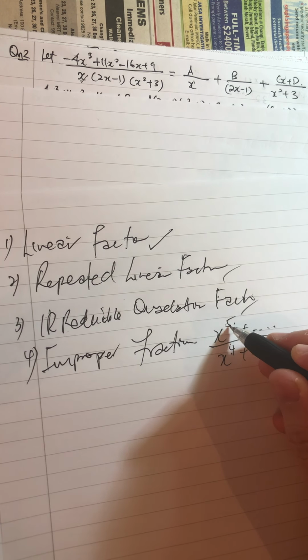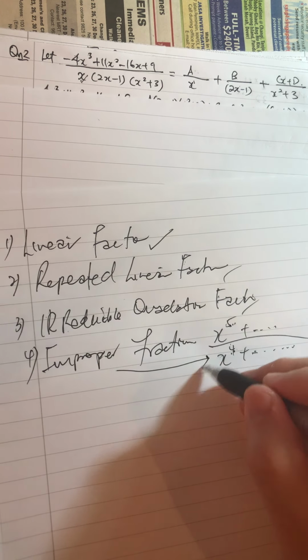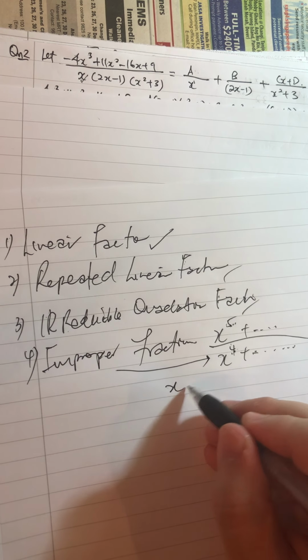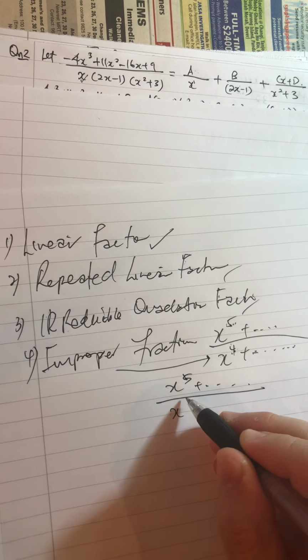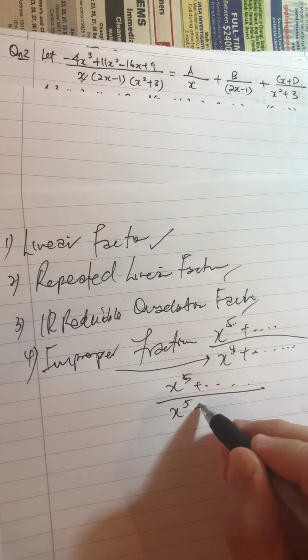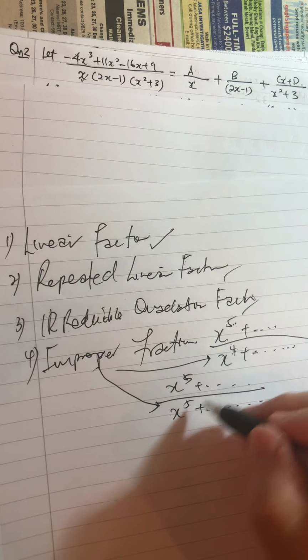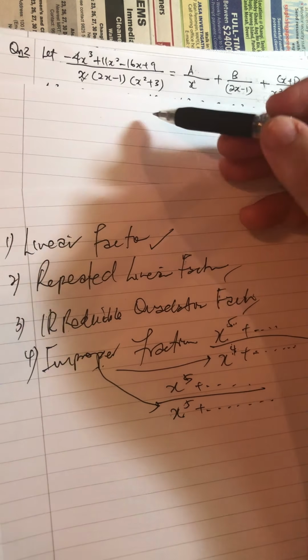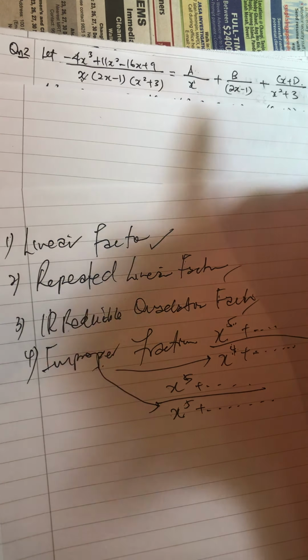So you see 5 here, that's larger than the denominator's power, correct? So this is considered improper. Now, even if the power of the numerator is the same as the power of the denominator, it's also considered improper. Okay, so there are two cases in terms of improper, but in this case, it is not improper, alright? So there's no need to do long division and all that.